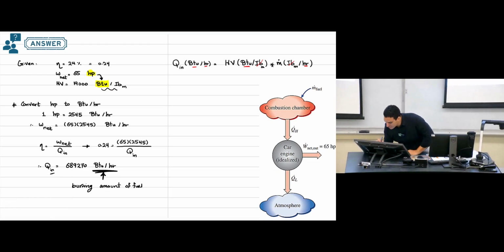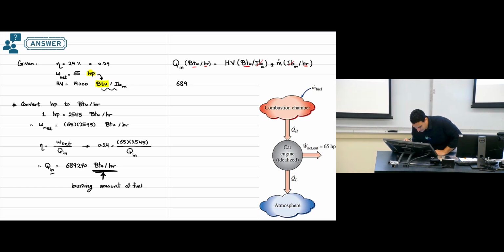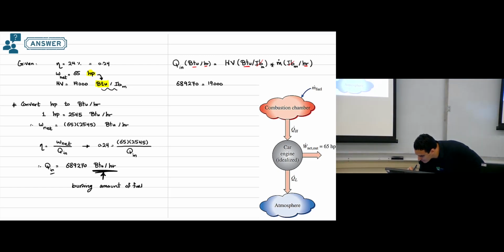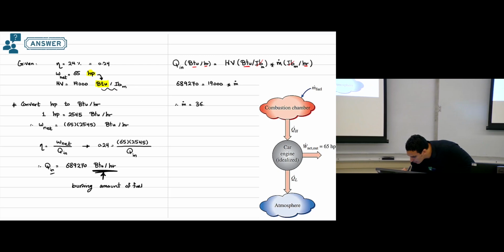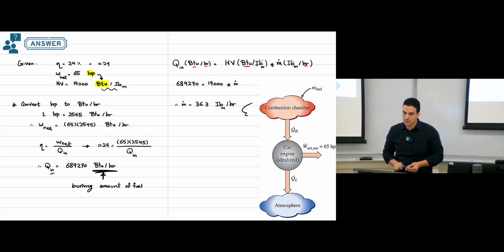So we have this number, 689,270, equal to the heating value 19,000 times the mass flow rate. Then if you substitute in the equation, you can see that the mass flow rate is 36.3 pound mass per hour, and this is the consumption rate that we need.